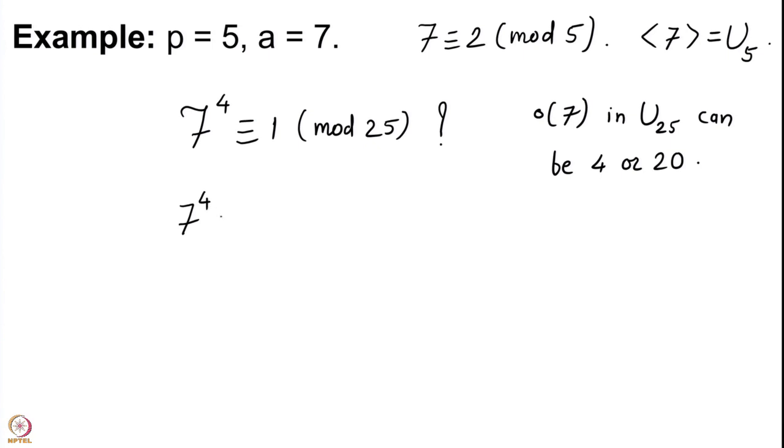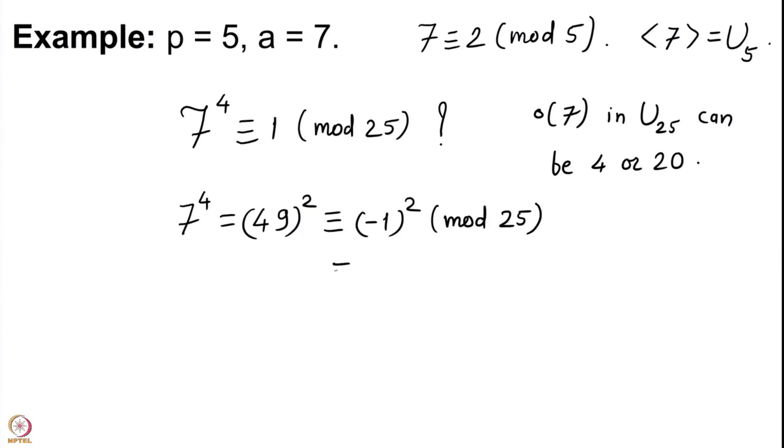So, 7 to the power 4 is 49 squared, and therefore, when you go modulo 25, 49 is actually minus 1, because 50 minus 1 is 49, and so this is 1 modulo 25. So, this tells you that the order of 7 in U25 is actually 4, and so it cannot be this.